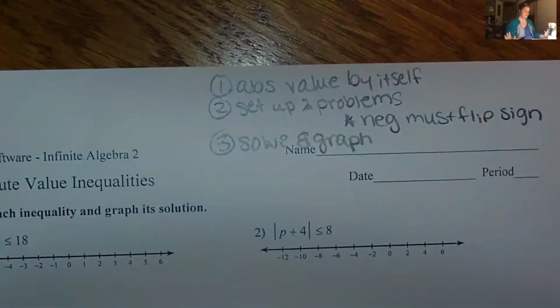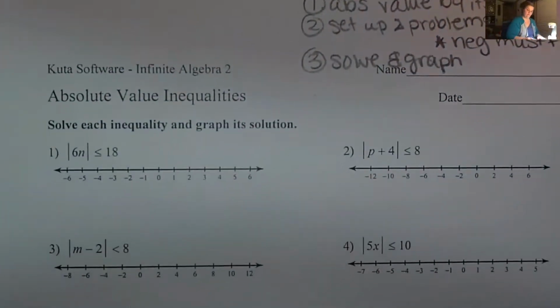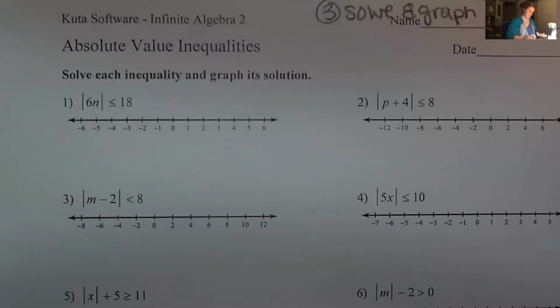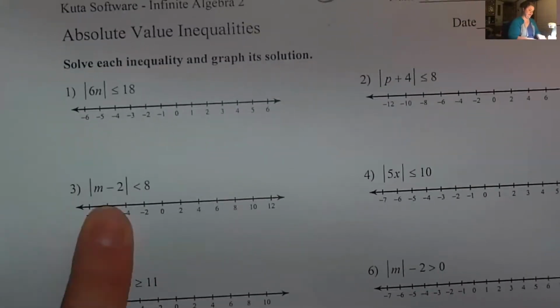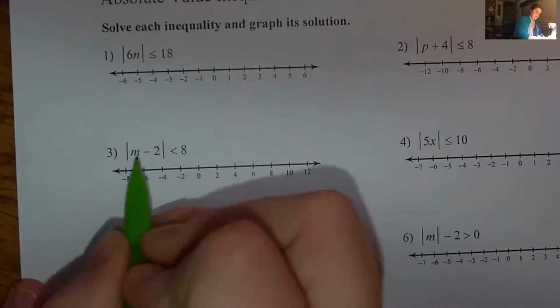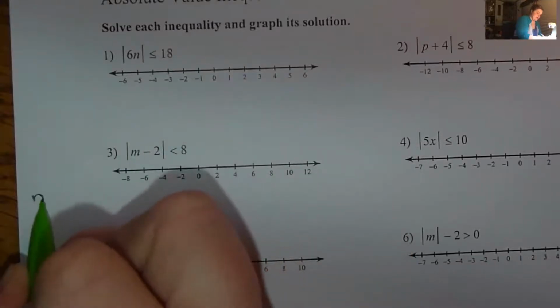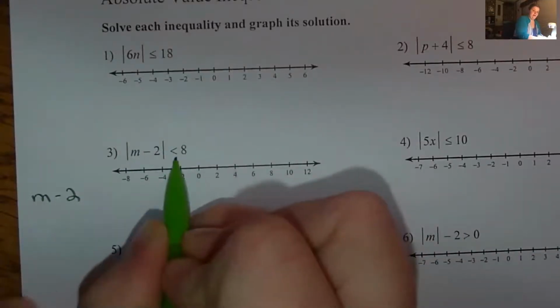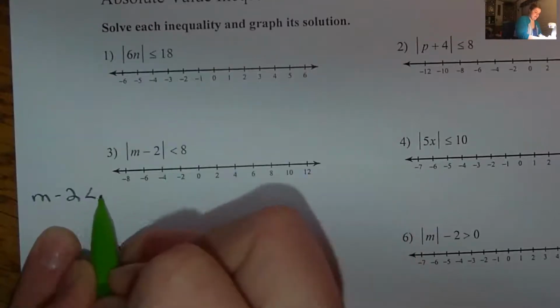There's not a lot of room on this worksheet, but I'm going to try my best to make do with what I got. So let's do number 3. Are the absolute values by themselves? Yes. Now I'm going to set up my two problems. I have junk in parentheses, so m minus 2, and I leave the same sign, 8.